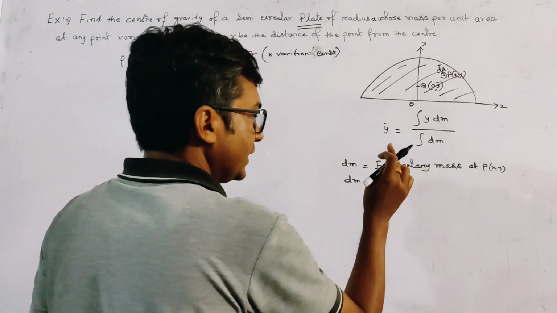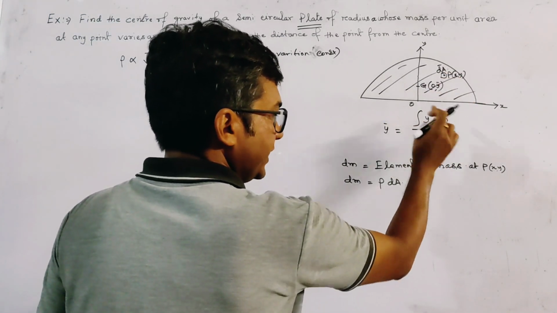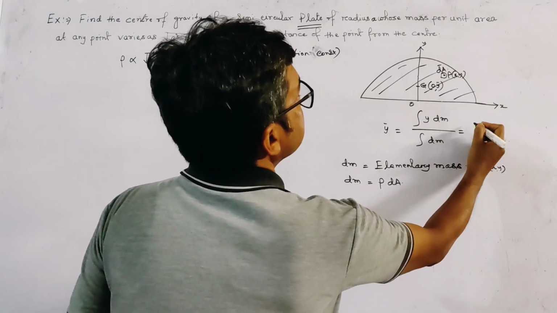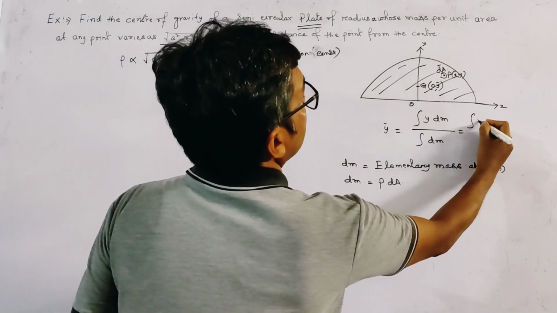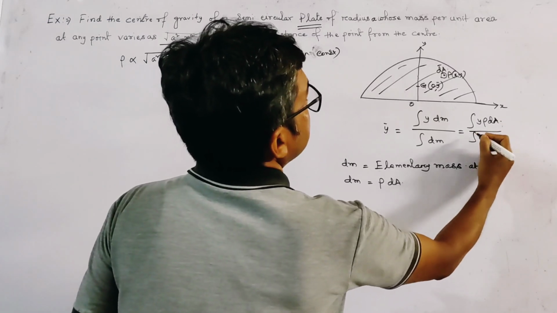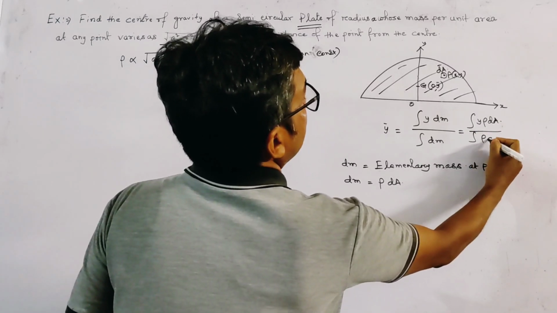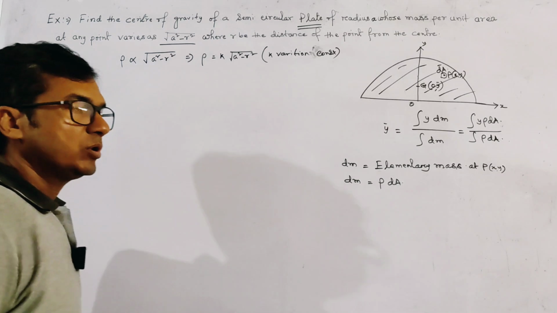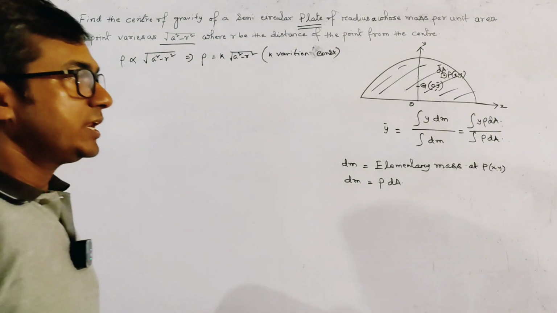Now in the formula, y dm, we can write this as integration y rho dA by integration rho dA. Now we consider polar coordinates.